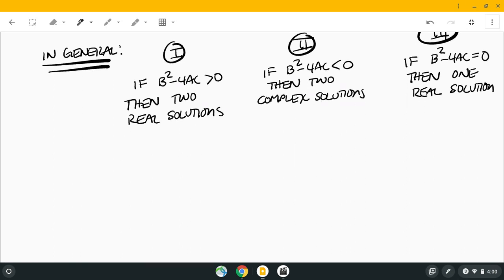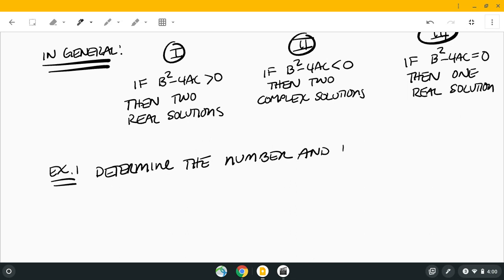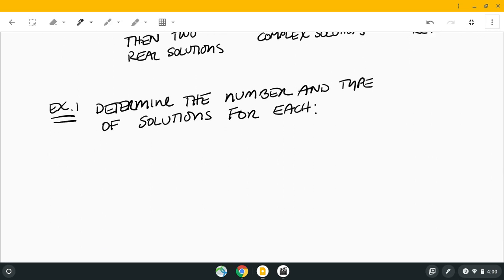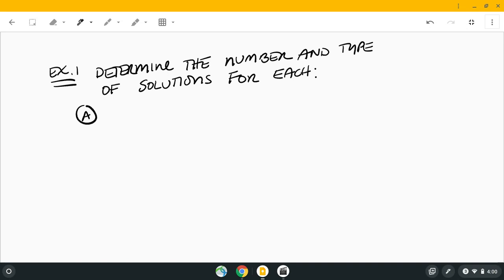All right, let's take a look at this. Example 1: determine the number and type of solutions for each. Let's take a look here. x squared plus x plus 1 equals 0.